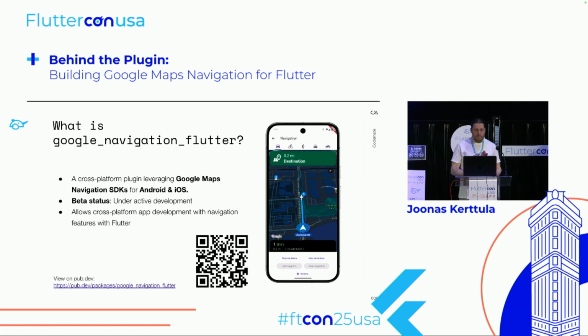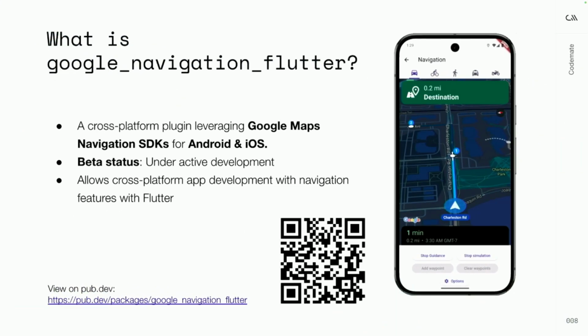So, what is Navigation SDK and how did we create Google Navigation Flutter? This package is still beta. We are under active development. We are creating new fixes and improvements to the API each time new API and SDK versions come out.